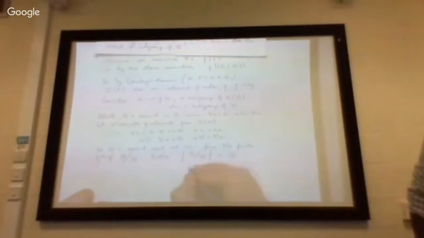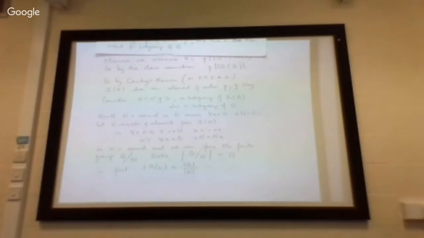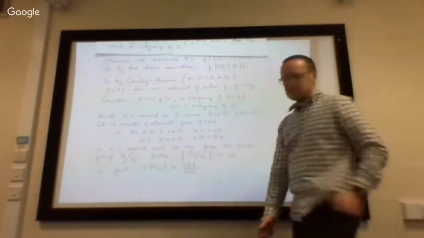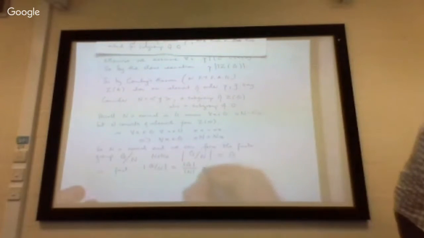In fact, the order of the factor group is just the quotient of the sizes, and N has size p. So it's the size of G divided by p.